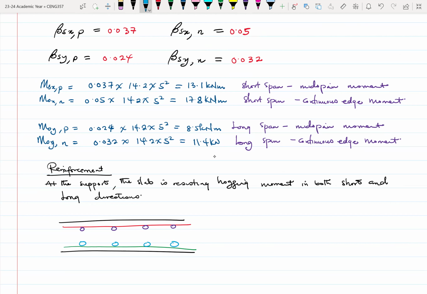Typically this will be the rebar arrangement coming from MSXP. All right, and this will come from MSYP. And then here, this one will be your MSX negative, and then this one will be MSY negative. Right.